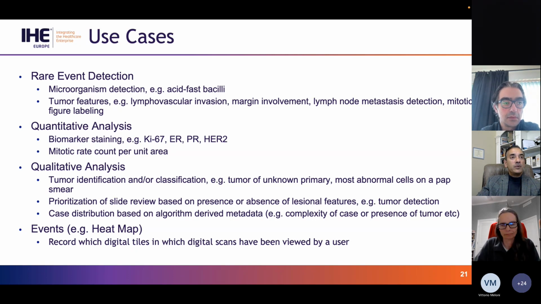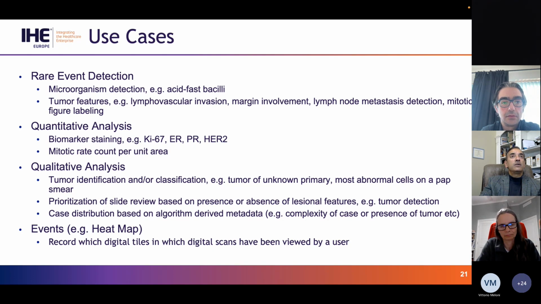IHE is a brilliant way to make sure that your algorithm is available across the largest array of different PACS systems and able to interact with LIS systems. Today, there's a lot of copying and pasting going on. It's error prone, it's time intensive. The IHE profiles are really going to help create automation and interoperability among these systems that are being developed today, and allow them to exist within the existing laboratory information ecosystem.